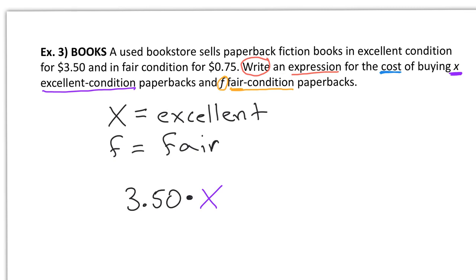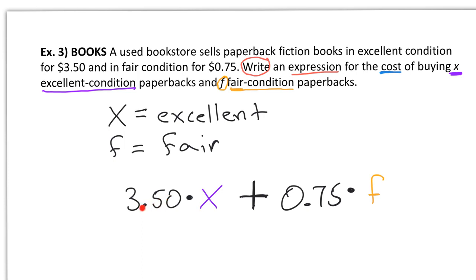And once you know how many, you're going to add everything up, and it's going to give you the total cost. So I'm going to put plus right here, and I'm going to take the price of fair condition, which is 75 cents. So I'm going to put 0.75, and I'm going to multiply by the variable F, because F is fair condition.